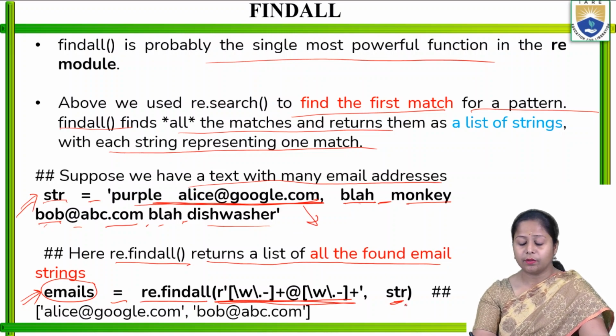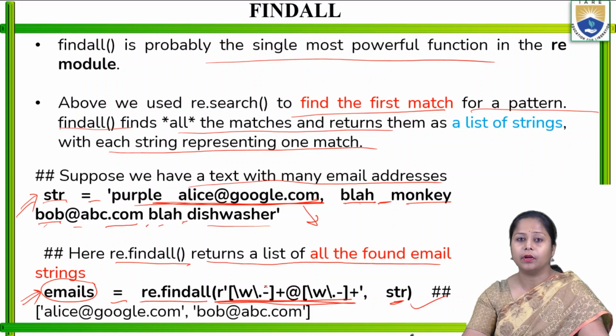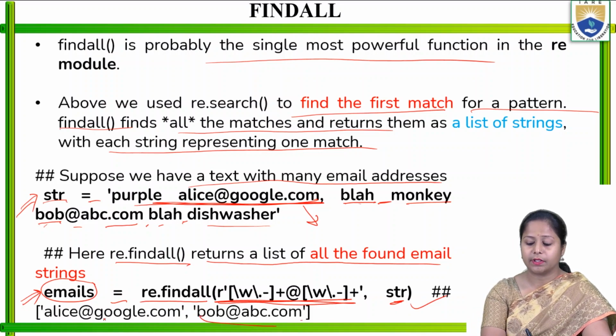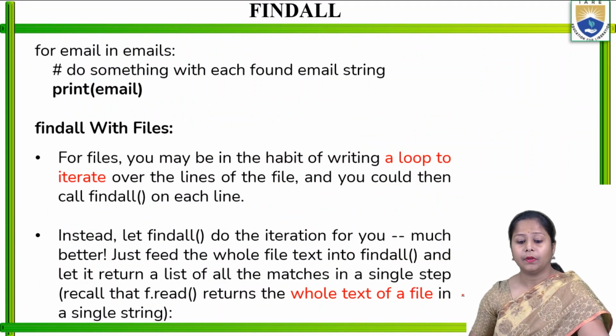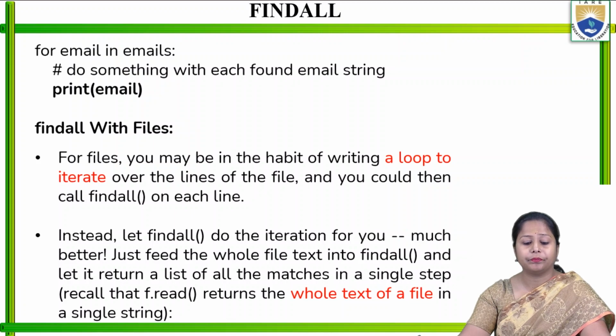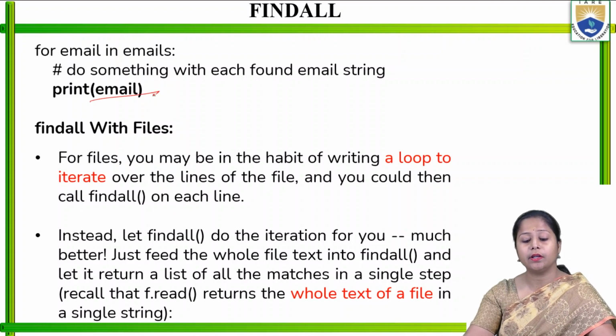That is going to give all the email IDs with @google.com. Likewise, there are two examples here. And now for email in emails, I would like to write print(email), which does something with each found email.